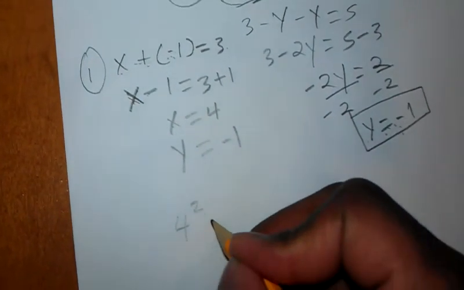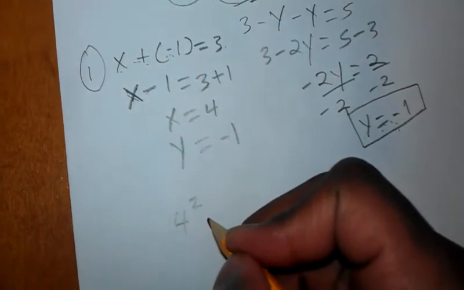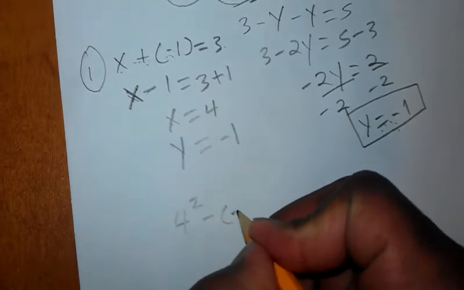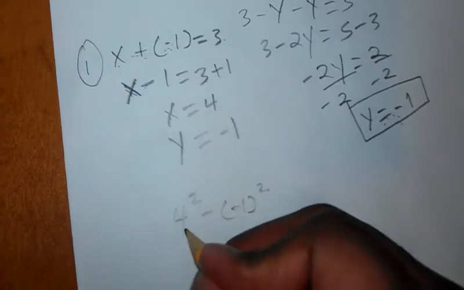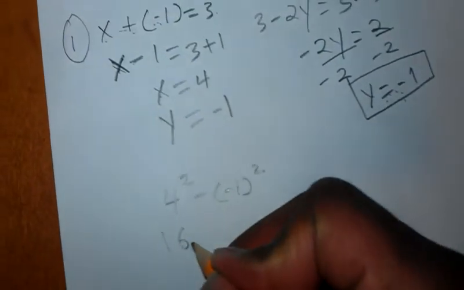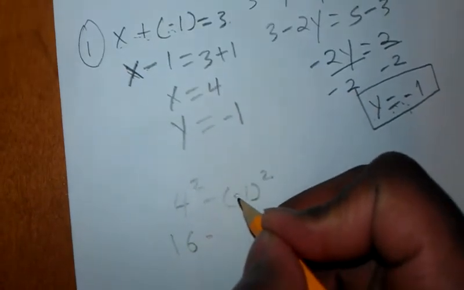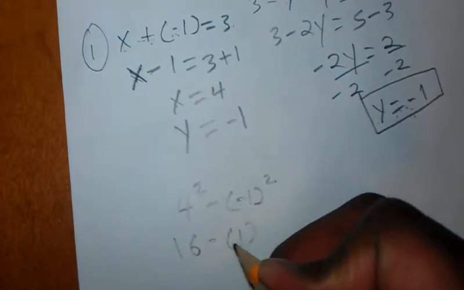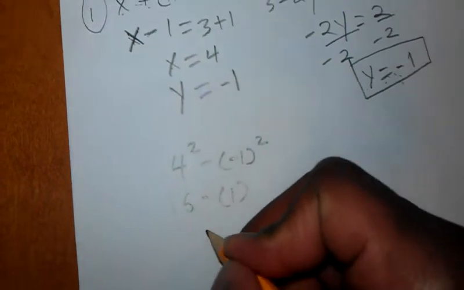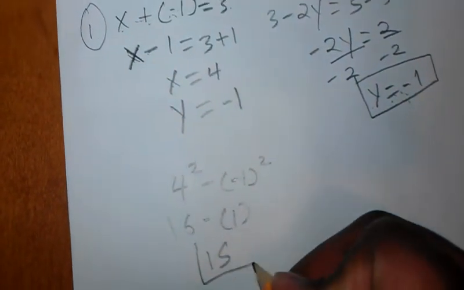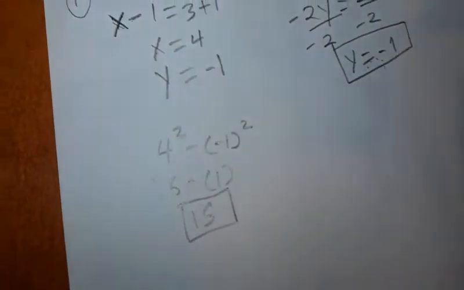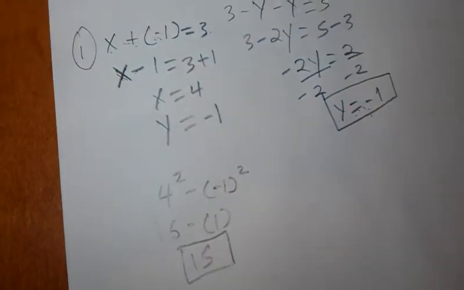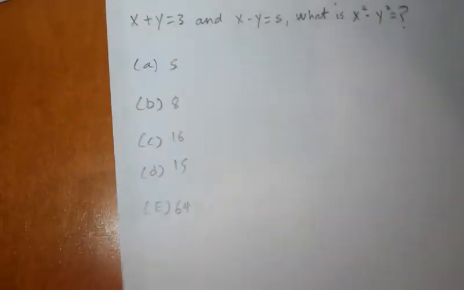So 4 squared minus negative 1 squared. 4 squared, that's 16. Negative 1 squared, that's just 1. 1 subtracted from 16, I have 15. And 15 is my final answer to this SAT math question. 15, red pen.